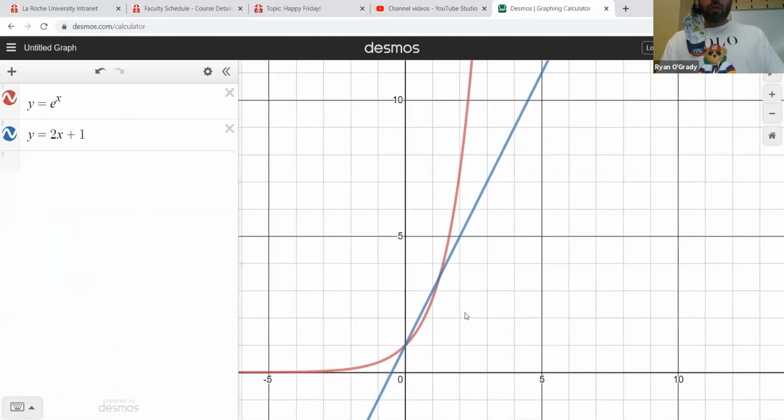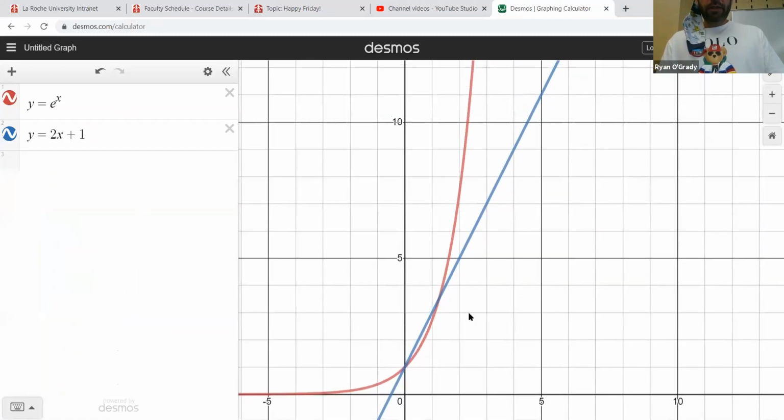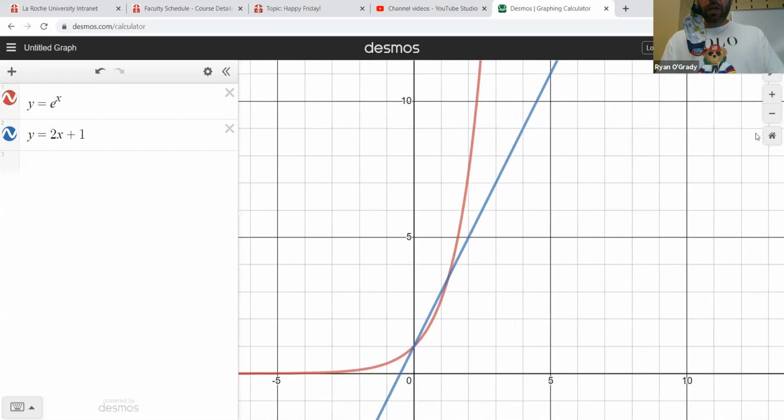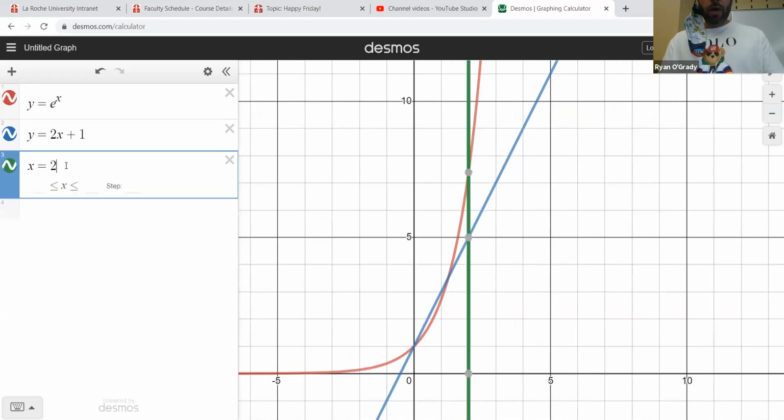The only way you're going to really see it is if you readjust your graphing. Does that make sense? However, look at the lines I told you to use. I said x equals 0 and x equals 2. So let's graph x equals 2 as well, and you'll notice that it's right there.